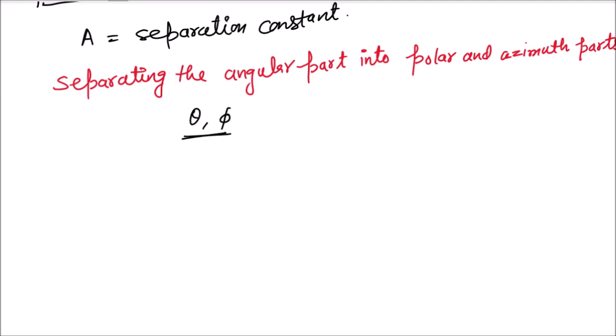So we will replace Y, which depends on theta and phi, with a product of single variable functions, one belonging to theta and the other to phi.